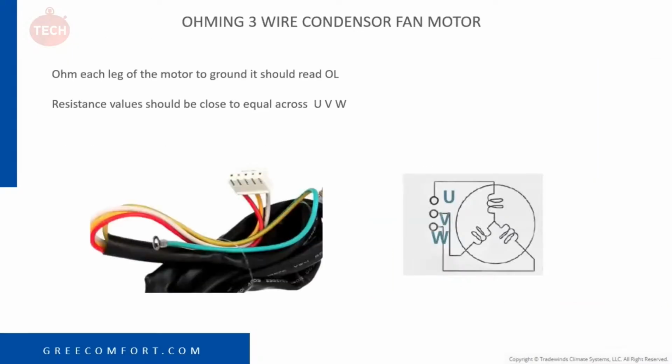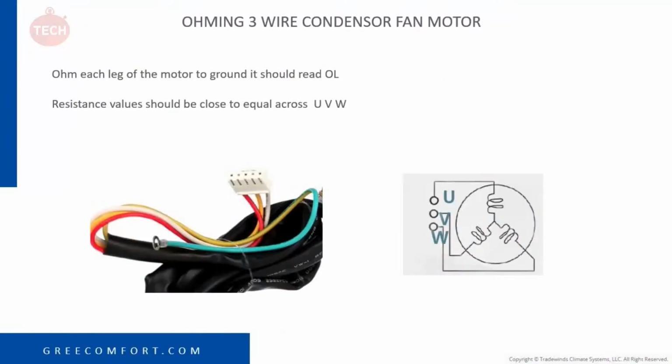So now we're ohming your condenser fan motor. This would be a 3-wire one, depending on your unit. Some have a 3-wire, some have a 5-wire condenser fan motor. The 3-wire you would ohm out much as you would your compressor, which we'll get into on another slide, looking at U, V, and W. What we're doing is looking for equal ohm value between the 3 windings. The different BTU models would have different readings, so don't always expect the same.